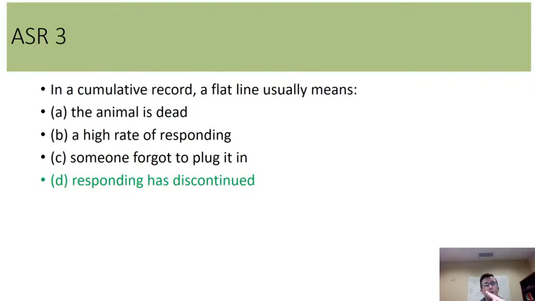When there's a medium slope, the rate of responding is moderate, and when there's no slope, that's a flat line, the organism is no longer responding. And so the animal is dead, that's kind of just a silly distraction there. A high rate of responding would be indicated by the opposite, not a flat line, but a really steep line. So, okay.